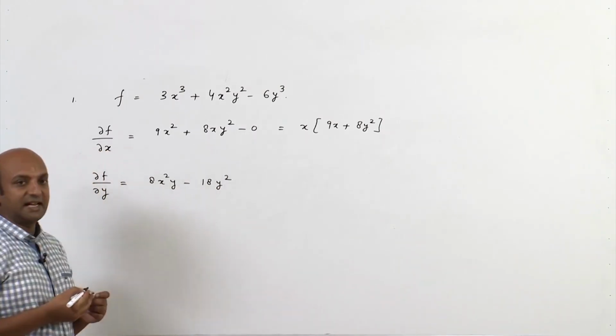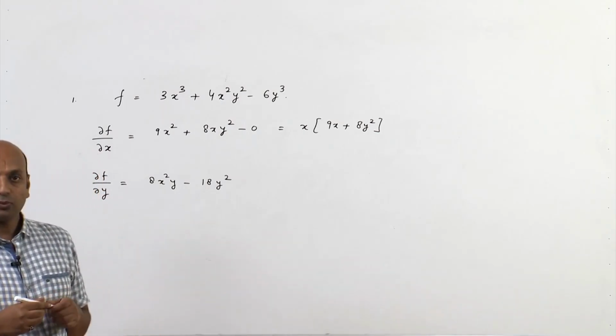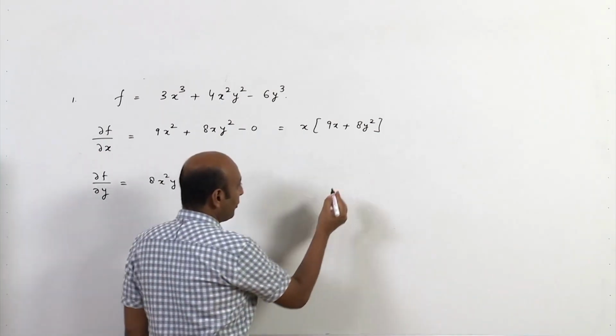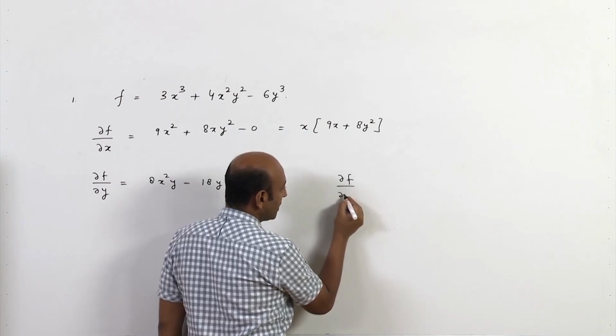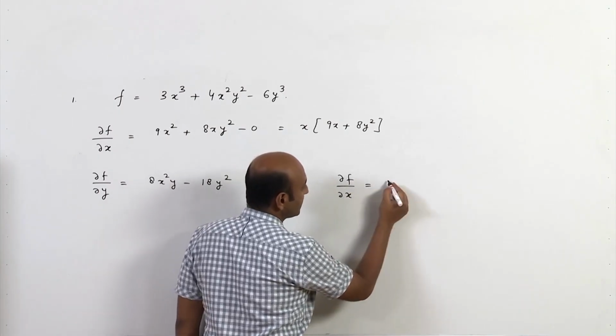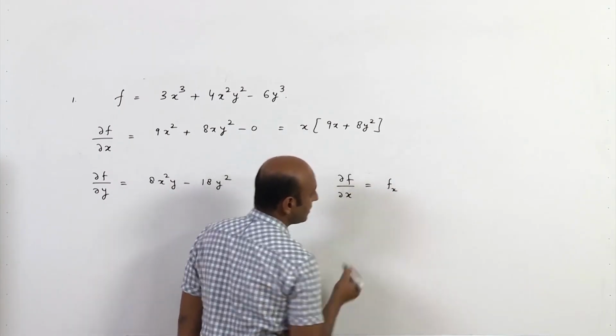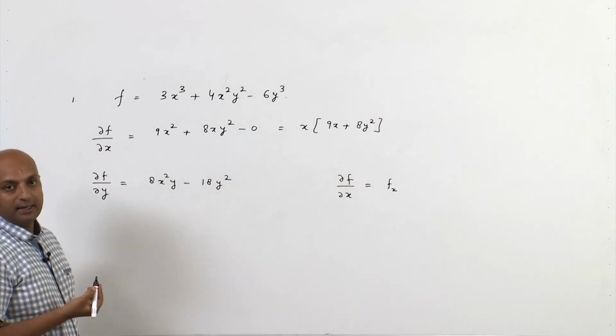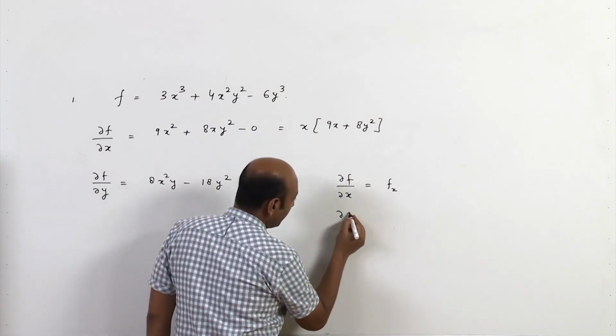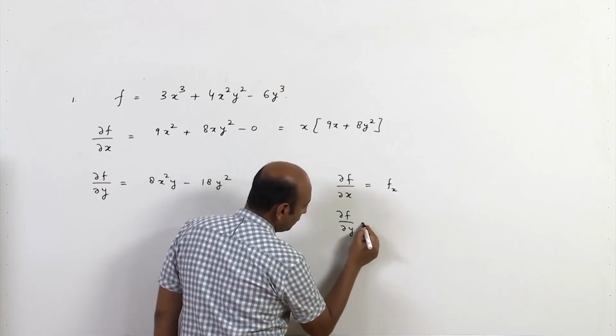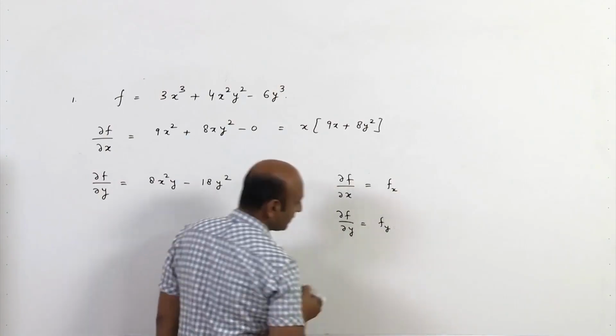So, this is del f upon del y. Now, del f upon del x is sometimes also represented as fx. Fx means del f upon del x. Now, del f upon del y is also represented as fy.